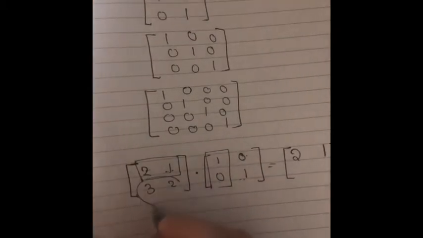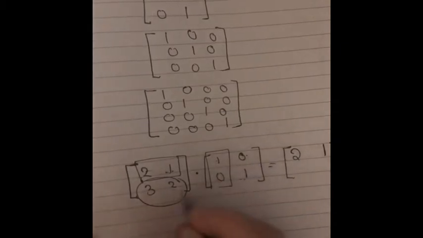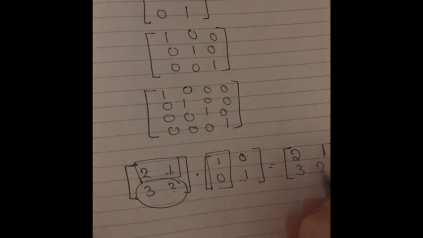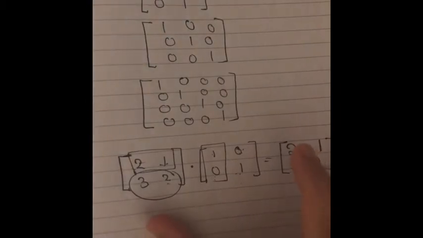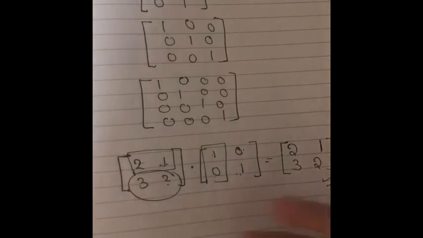Then 3 times 1 is 3, and 3 times 0 is 0. This is what it does. The matrix is the same, nothing happened. This is called an identity matrix, I.